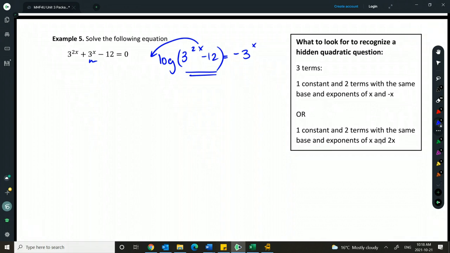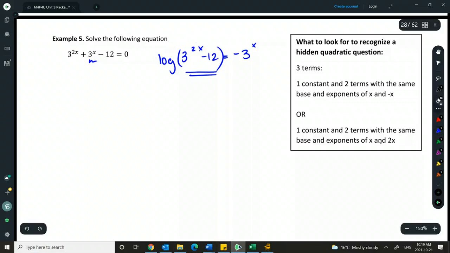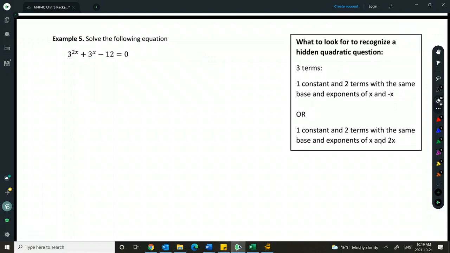Because it's inside a logarithm. So that becomes a problem for us. I can't take the log of both sides here. I can't get these in a format because I have more than 2 terms here. I can't really get this in a format where I can use log.